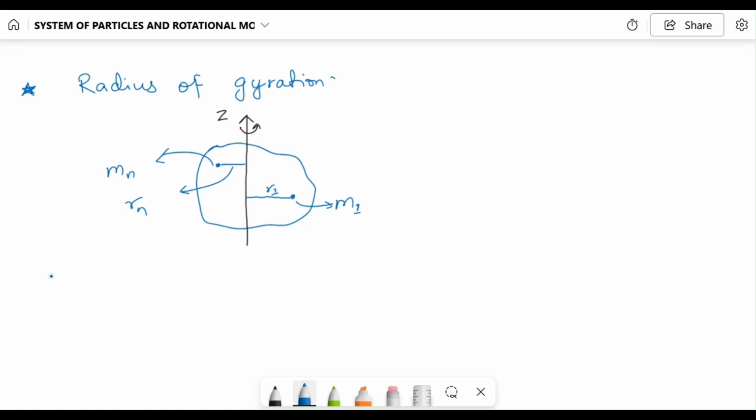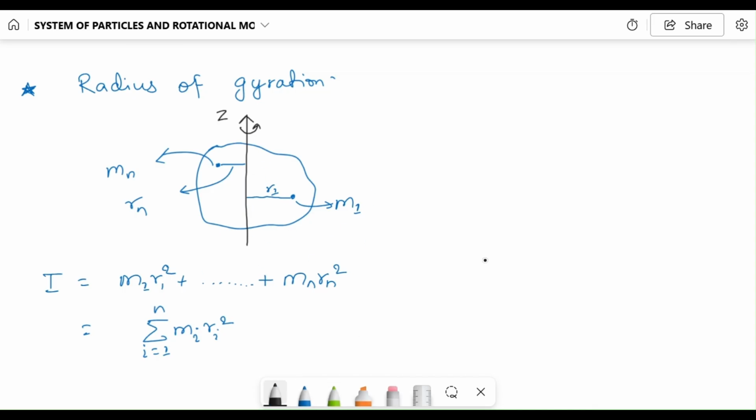So we can write the moment of inertia for this body as m1 r1 square plus m2 r2 square, up to mn rn square, or in summation form, I equals the sum from i equals 1 to n of mi ri square. This is the moment of inertia for this body about this axis.